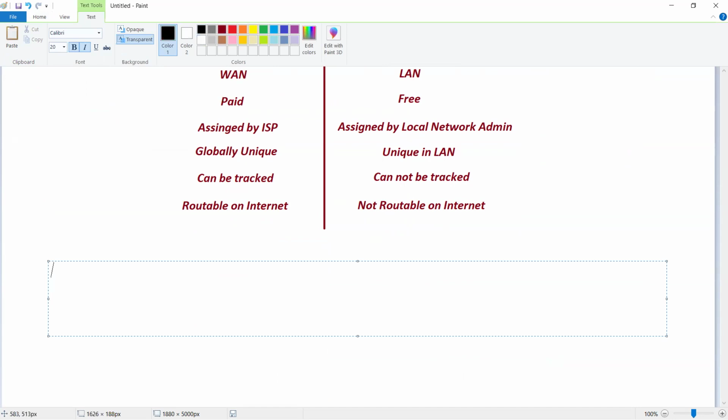I'll write class, number of private networks, and private IP range. First of all, class A. In class A, one network is reserved for private. This is the range.